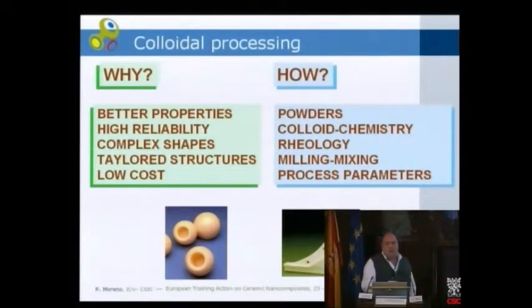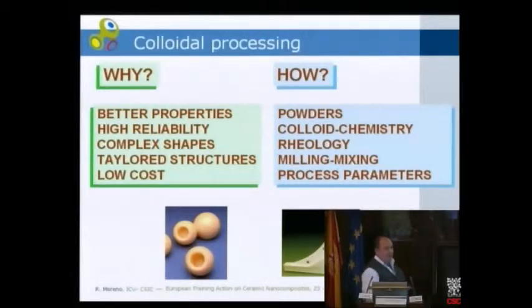This is true if we are able to control all the powder properties, as stated before, and to control the colloid chemistry of the powders in the suspension and the rheology when we use concentrated suspensions, which is the case of slip casting and most of the shape forming processes in ceramics, excluding electrophoretic deposition and a few derivatives.